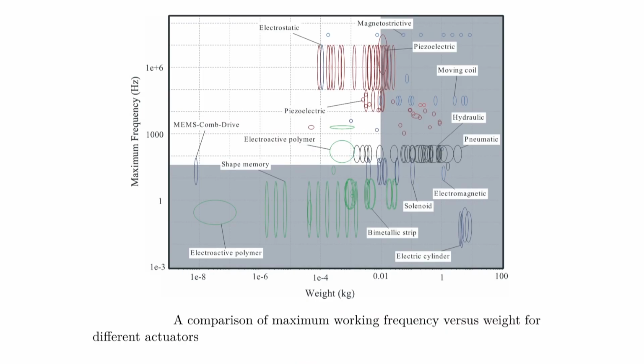Let us look into another comparison, which is weight versus frequency. If we want to go for a system where weight penalty is not of our concern, then we can go for hydraulic or pneumatic systems, because they are much heavier in nature.